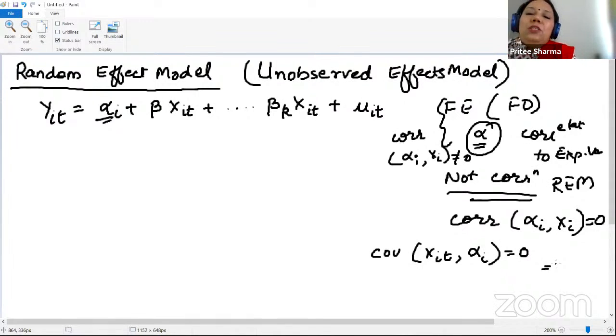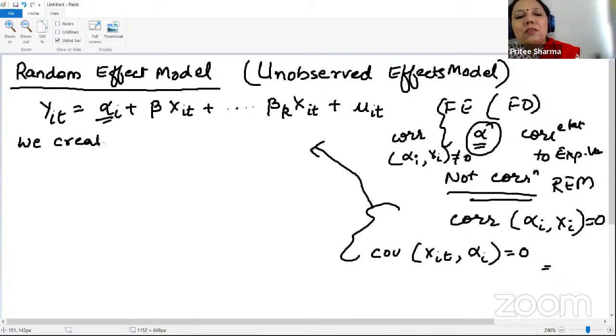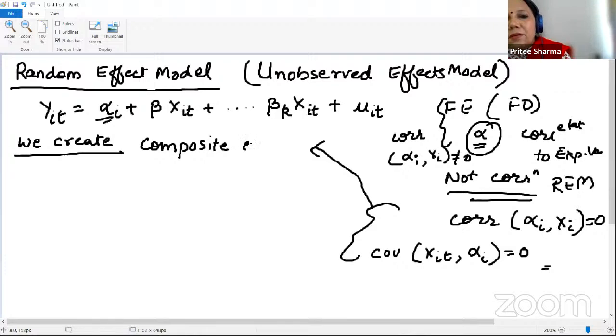So what we do is, when we have this situation, we create a term which is also known as the composite error term.